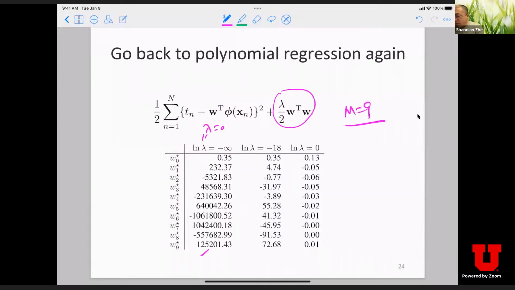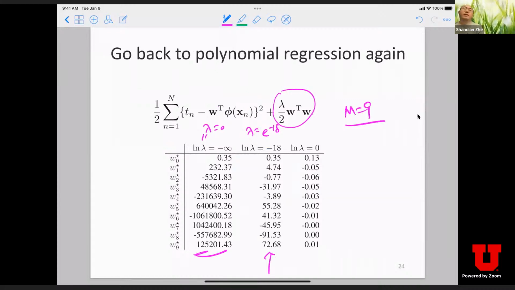You can see that your estimated weights are very large in scale. However, if you choose a non-zero lambda, even a pretty small one like e to the power of minus 18, the scale of the estimated weights is much smaller, at least much more reasonable than those.